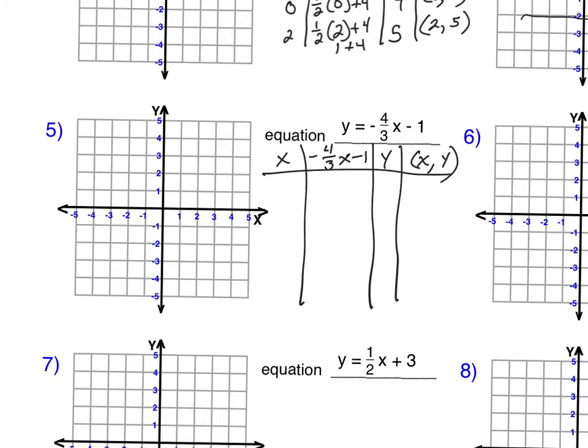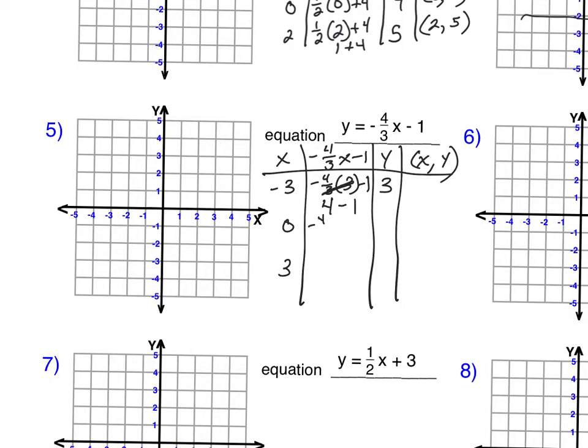So let's put in a negative 3, a 0, and a positive 3. Negative 4/3 times negative 3 minus 1. Well, negative 4/3 times negative 3 gives me positive 4. Why? Because the denominators wipe each other out, and negative times negative is positive. So that's positive 4 minus 1, which is 3.